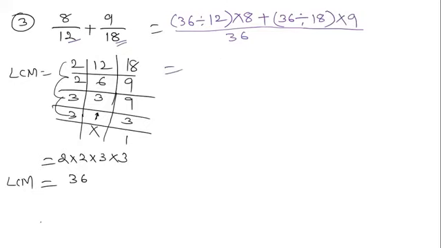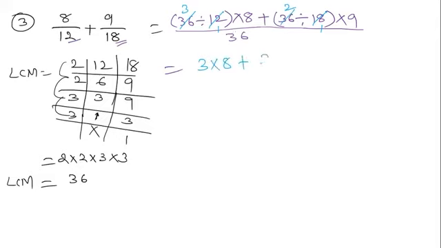Divided by 12. What we got here? We got 12 ones are 12, 12 threes are 36, 18 ones are 18, 18 twos are 36. In first bracket, I got here 3 multiplied by 8 plus sign.